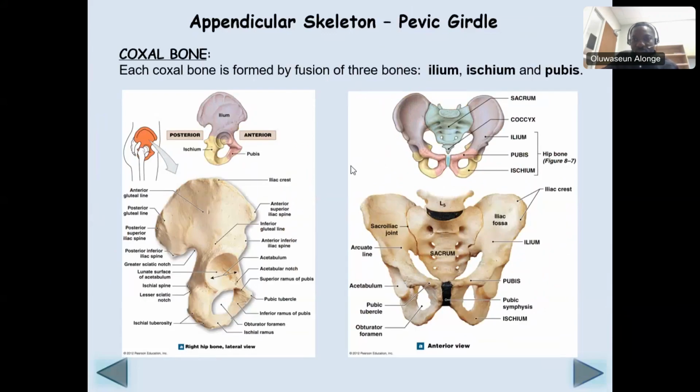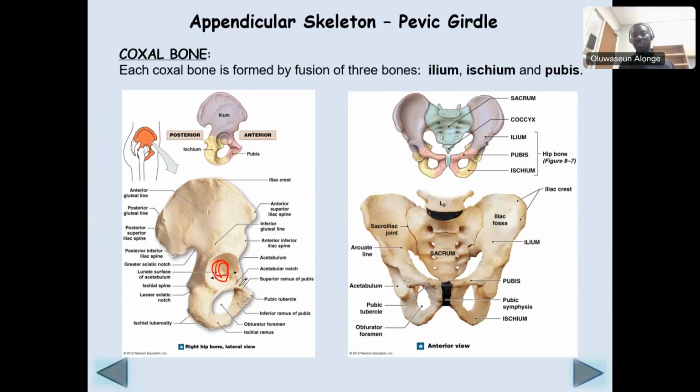Now, the coxal bone, like I told you, is made up of 3 bones. Looking at this to show it in a clearer manner, here is what we call the acetabulum. And again, you should be able to know the difference between right and left on this. Where the acetabulum is facing is the side of the hip bone when you have positioned it anteriorly.